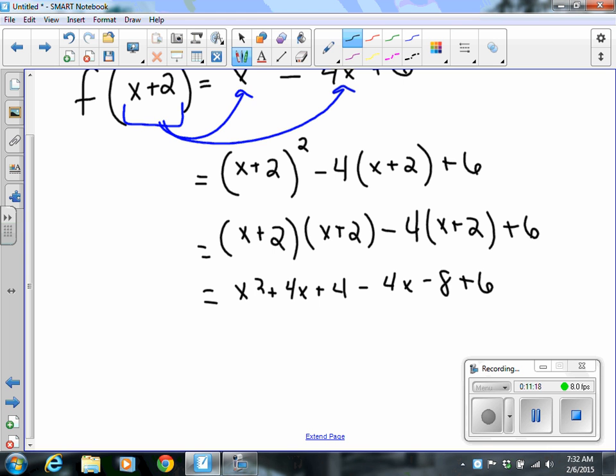Now I'm going to combine my like terms, and I will get my final answer. So I have x squared plus 8x and then plus 2. So when my function is x plus 2 and I plug it into my x squared minus 4x plus 6, I will get x squared plus 8x plus 2.